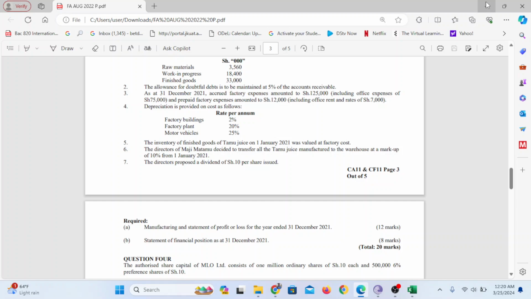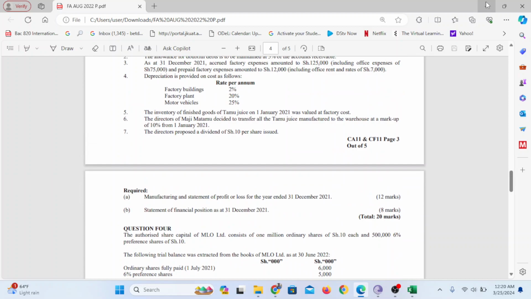Prepaid factory expenses amounted to 12,000, including rent of 7,000. And then you have depreciation: factory building at cost 2%, factory plant 20, motor vehicle 25.